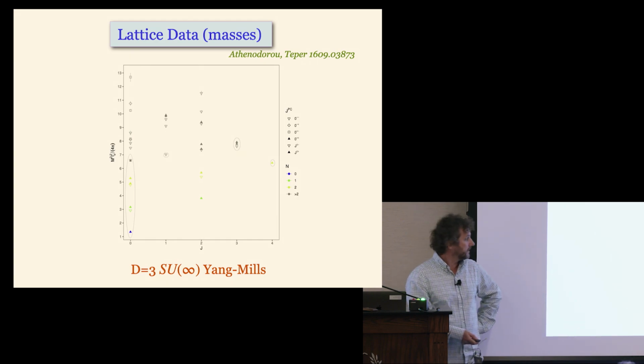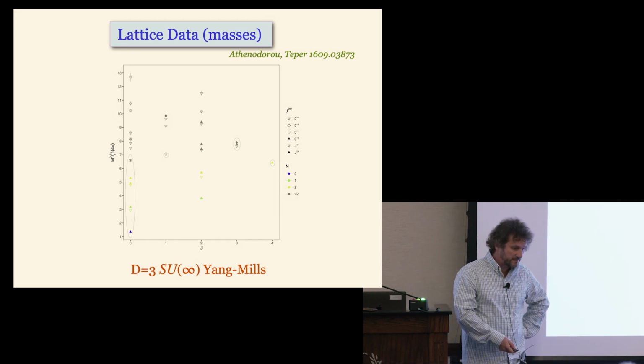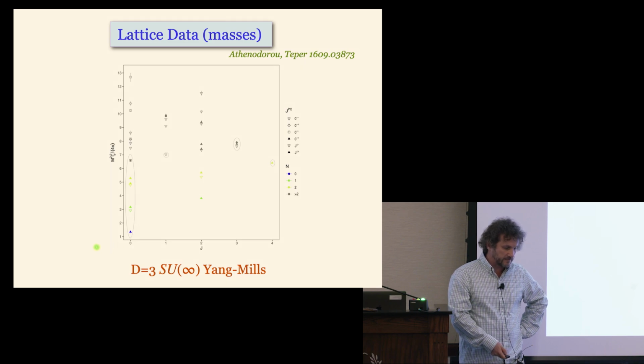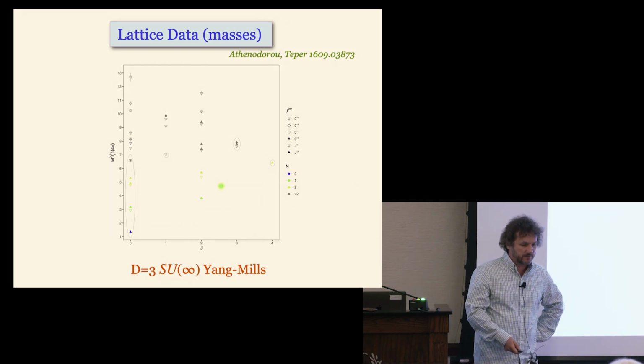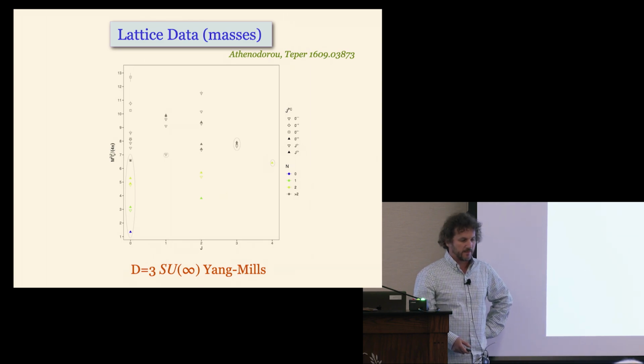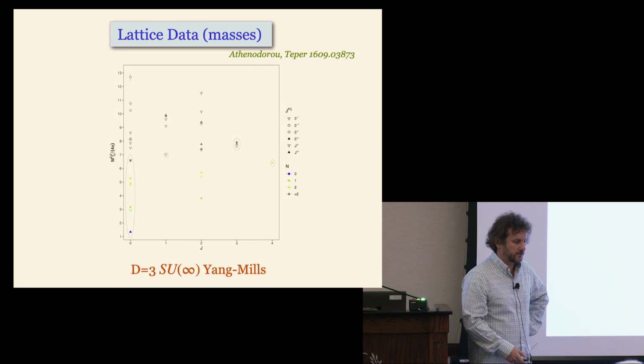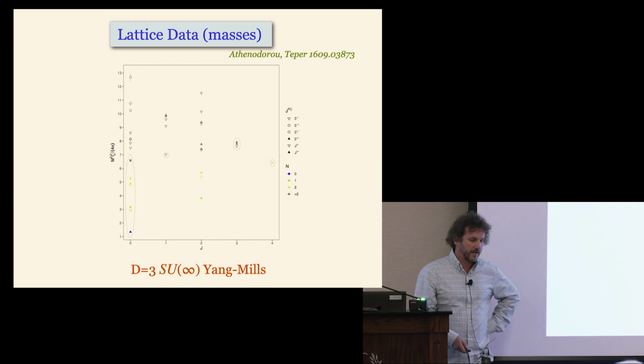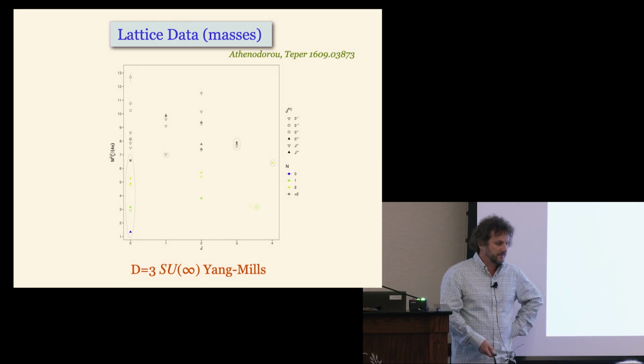What's shown here is the spectrum of glueball masses, and the horizontal axis is their spins. However, because these are lattice measurements, the lattice breaks continuous rotations to discrete rotations. The spins shown on this plot are actually Z4 spins rather than O(2) spins.